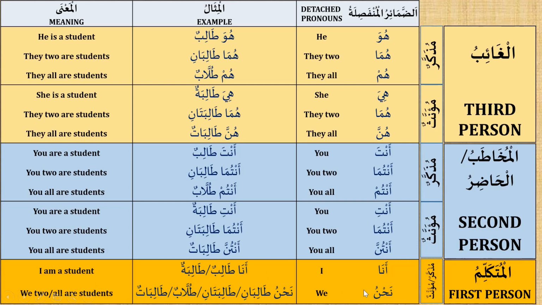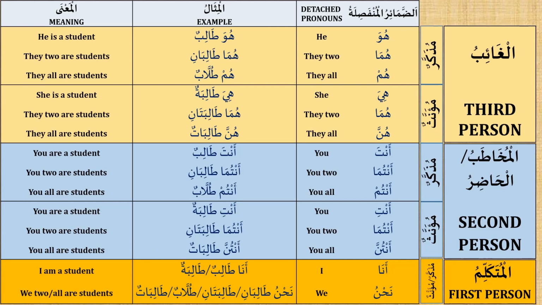Remember we said nahnu also can be used for male and female, and there's no special dual form of nahnu. It can be used for dual and plural. So we use for masculine dual and feminine dual, and we use masculine plural and feminine plural.